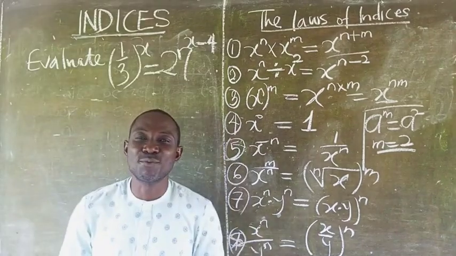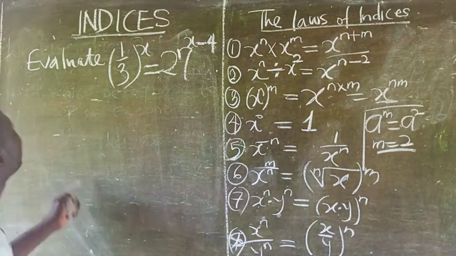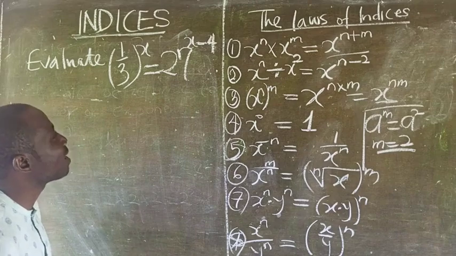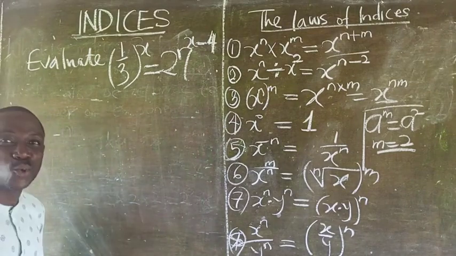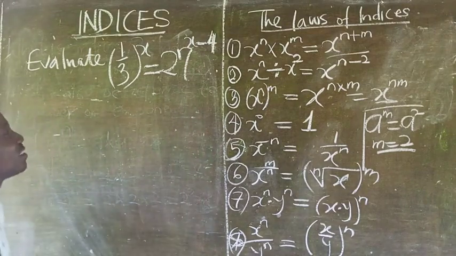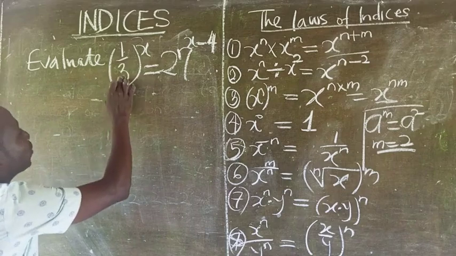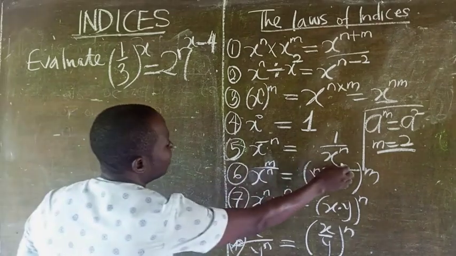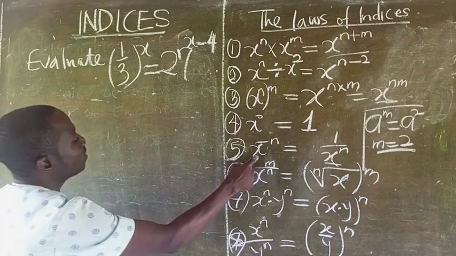So we want to take an example to see how we apply the laws that we have learned. We're having 1 over 3 raised to power x equals 27 raised to power x minus 4 to be evaluated. So we want to apply the knowledge of the law in solving this. First of all, we want to transform 1 all over 3 to a form that is usable. For example, similar to what we have here, we want to make it this form.